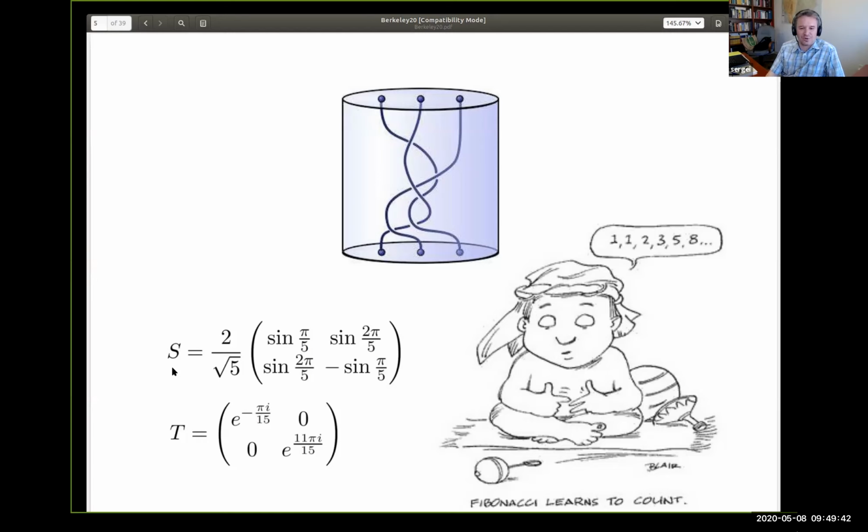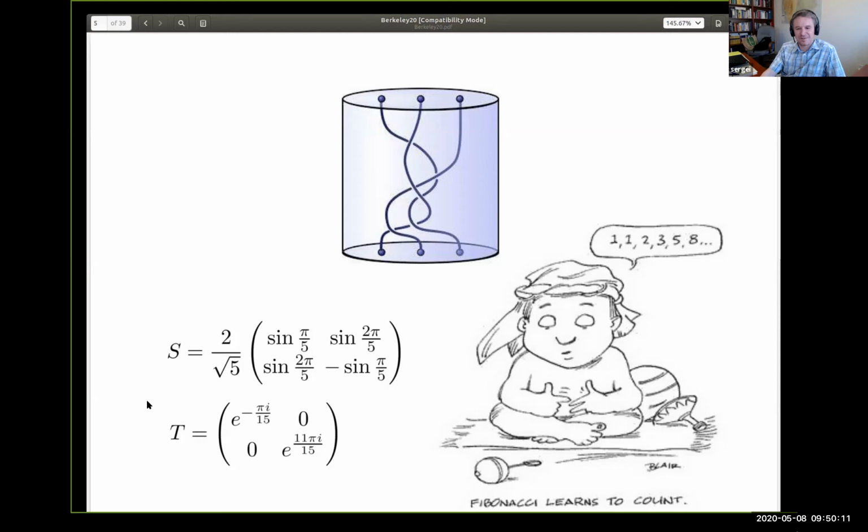As I understand, that's no longer the case, but I can't even give you an example off the top of my head of some MTC which is not fully characterized by modular data. Namely, two MTCs which have the same modular data, but they're actually different.